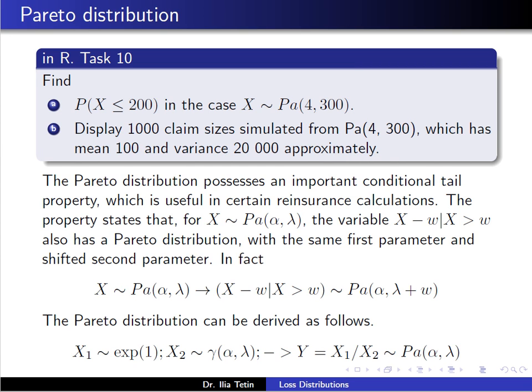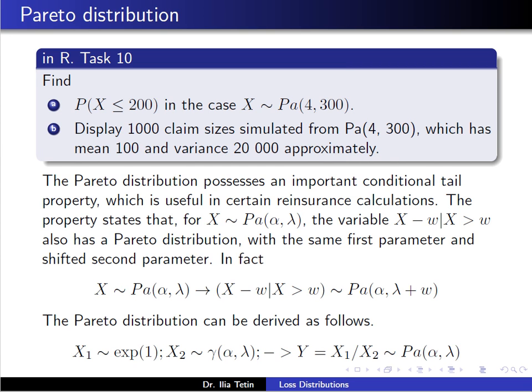The Pareto distribution represents the ratio of exponential and gamma distributions, and because it is just the ratio, it should have a fatter tail, because these two distributions have thinner tails, and their ratio should give us a fatter tail.